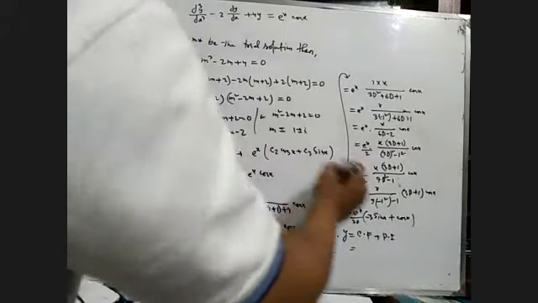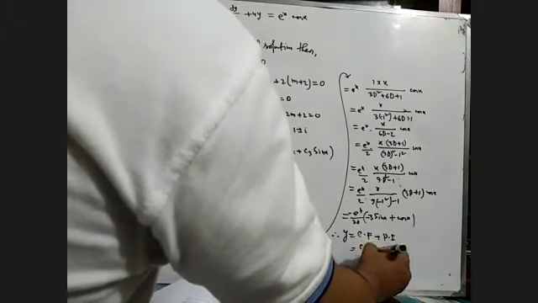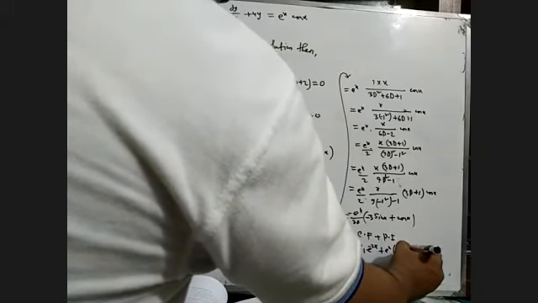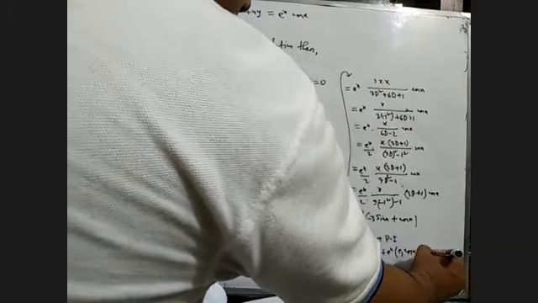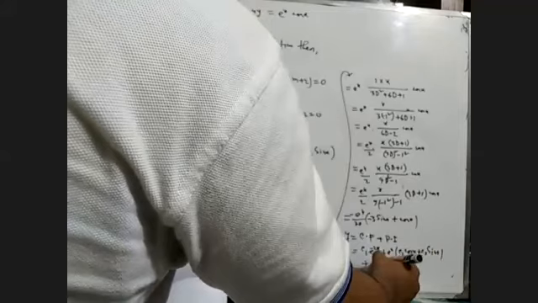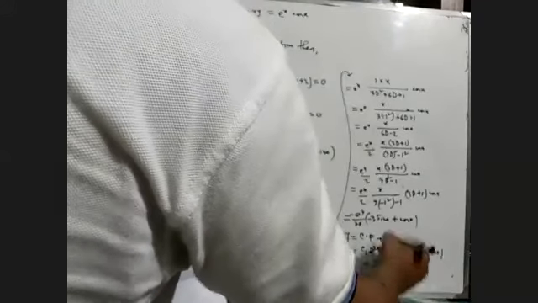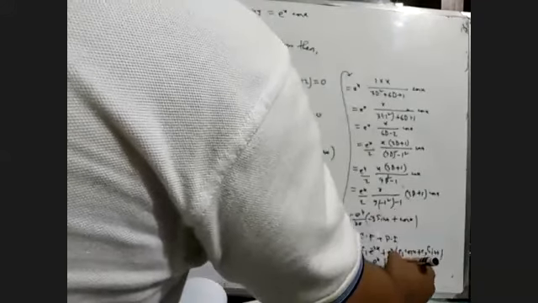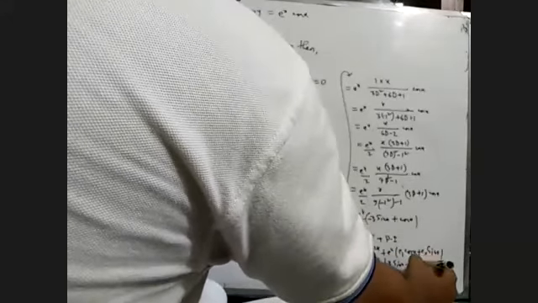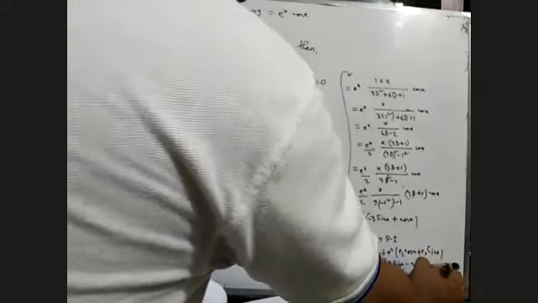The complementary function is C1 e to the power minus twice x plus e to the power x into C2 cos x plus C3 sin x, plus e to the power x divided by 20 multiplying minus 3 sin x minus cos x, into x. This is the result.